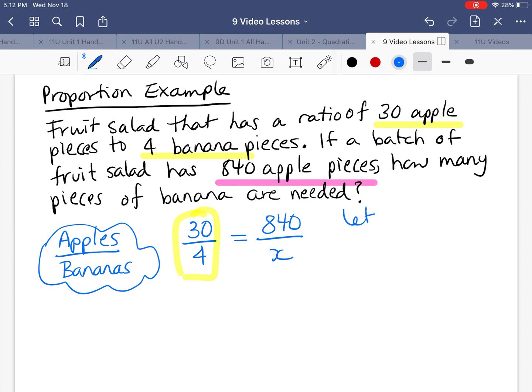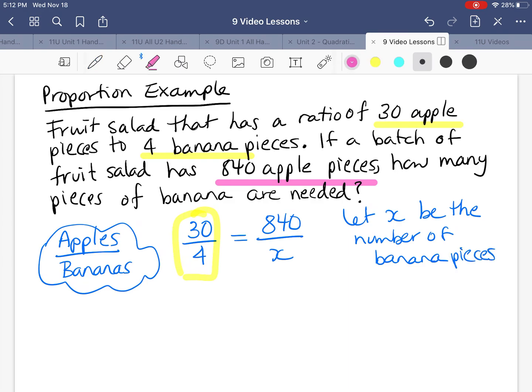So we're just going to call that X. And we'll say let X be the number of banana pieces. Because you should always have a little statement explaining what your variables stand for.